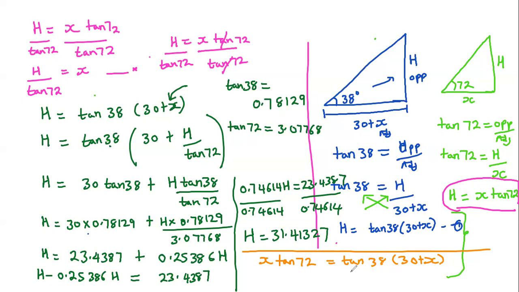Let me just work it quickly here, and I tell you what you are supposed to get. Minus tan 38, and then 30 times tan 38 divided by that, so here you'll get your x as 10.2067, and then you substitute.